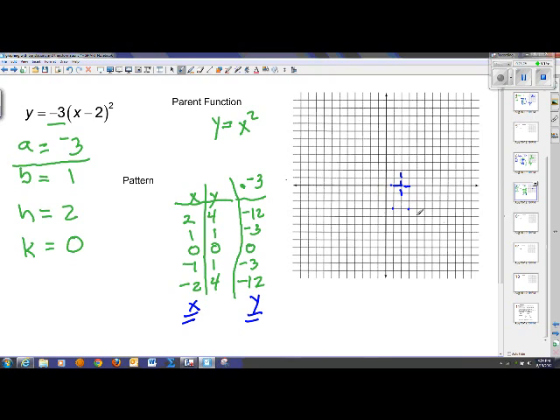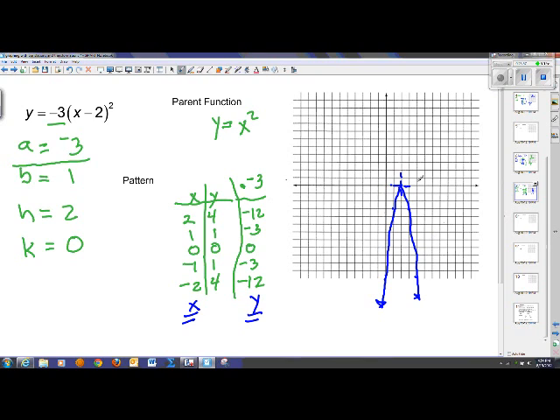Back 1, down 3. Over 2, down 3, 6, 9, 12. And back 2 and down 12. So notice this graph is much more stretched out vertically than our previous graphs. It drops much quicker. Doesn't open up as wide.